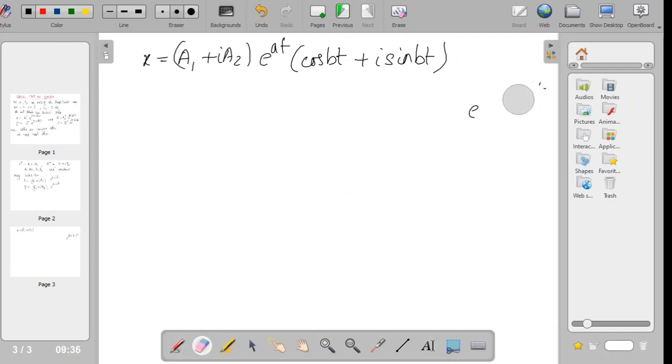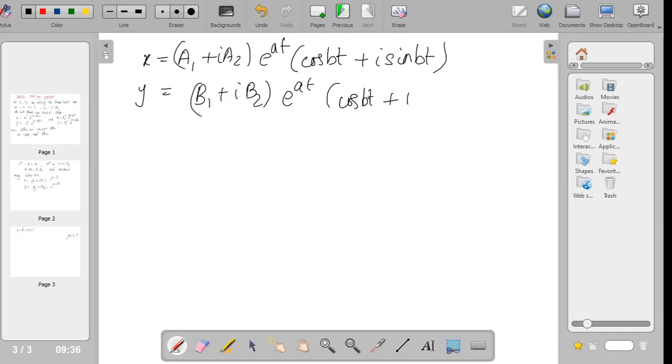And you have y equal to b1 plus i b2 again times e raised to at into cos bt plus i sin bt.